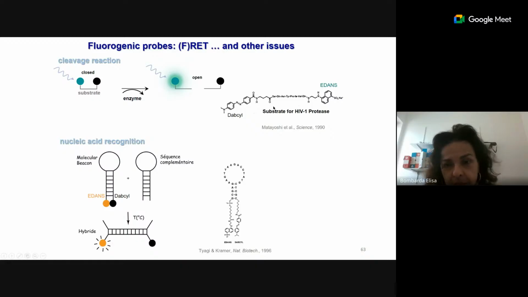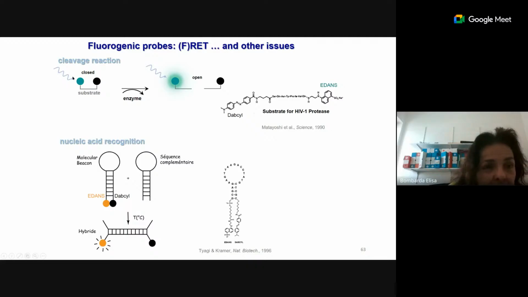It was the first time this method was used, on a substrate for an HIV protease. How it works practically is depicted here.